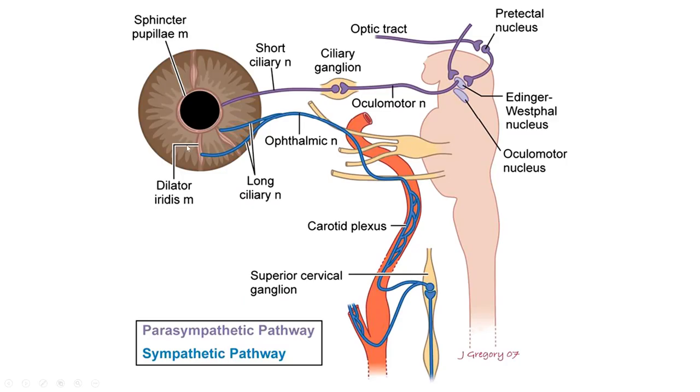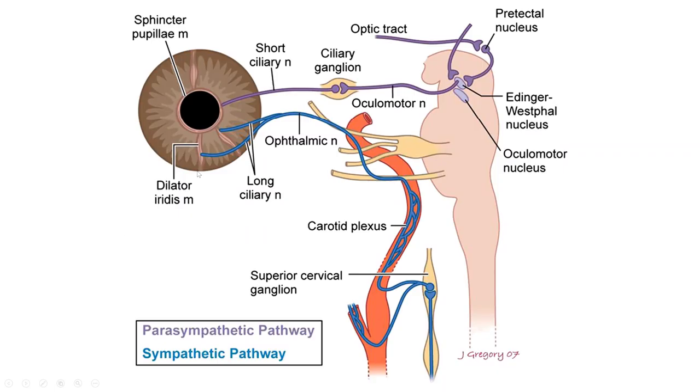So if there is a problem affecting the parasympathetic system, it will cause anisocoria, or difference in the pupil size, which is more in light. Because the parasympathetic system is active upon light, the light stimulation of the pupil will result in the pupillary light reflex by the parasympathetic pathway.